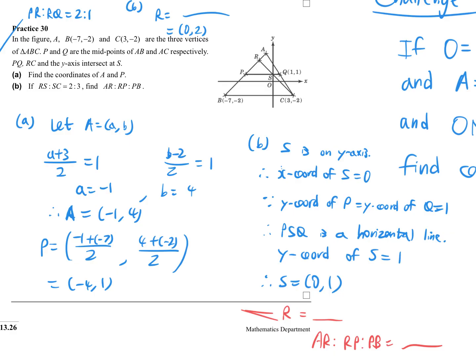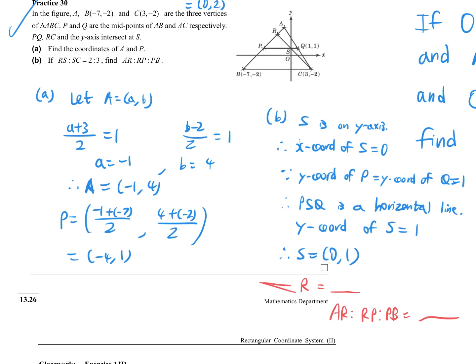My question for you though, first of all, is there any other way you can justify PQ is a horizontal line? Apart from using the y coordinates, can you tell me PQ is a horizontal line directly? The hint is to go back to pure geometry.